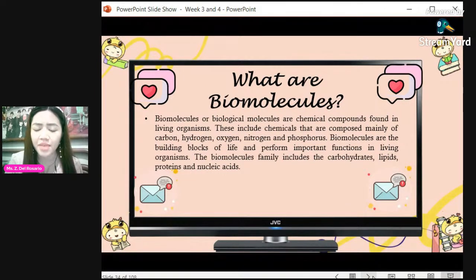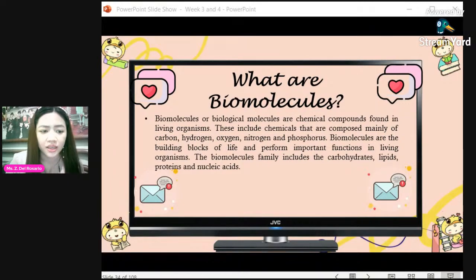At the same time, these include chemicals that are composed mainly of carbon, hydrogen, oxygen, nitrogen, and even phosphorus. These biomolecules are considered to be the building blocks of life and perform important functions in living organisms. The biomolecules family, which we said a while ago, includes carbohydrates, lipids, proteins, and nucleic acids.